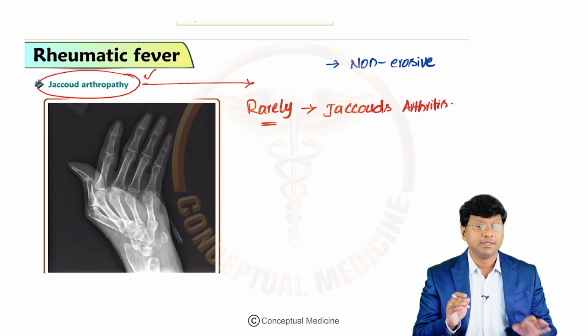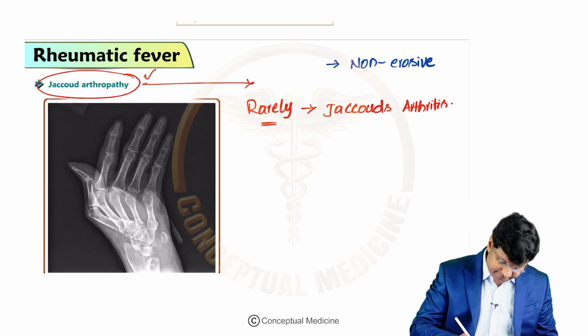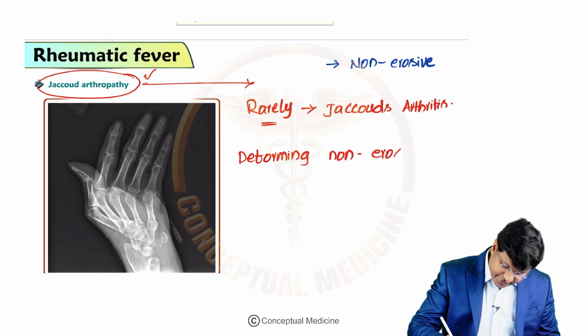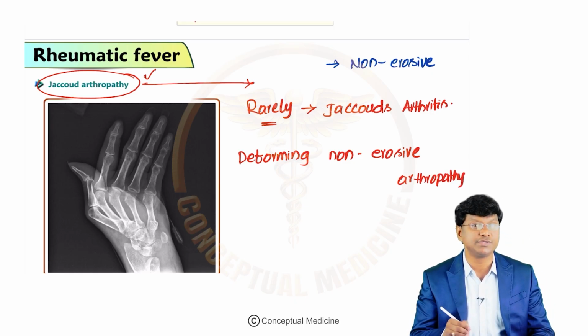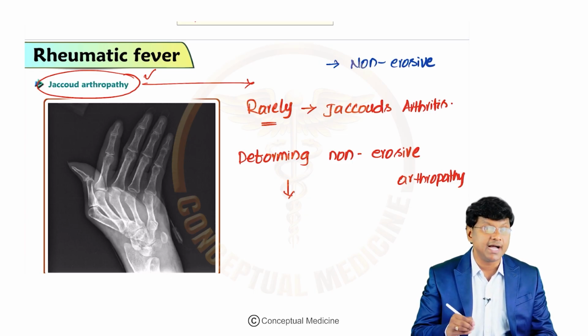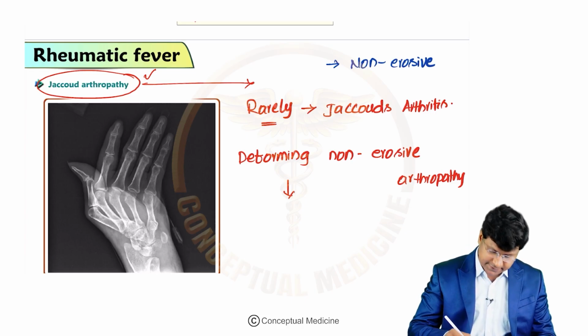See, it is a deforming non-erosive arthropathy, which is characterized by ulnar deviation of the 2nd to 5th fingers.